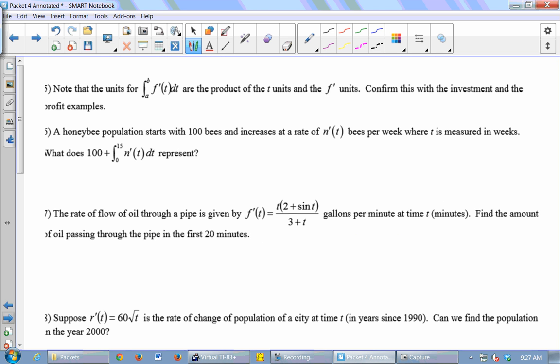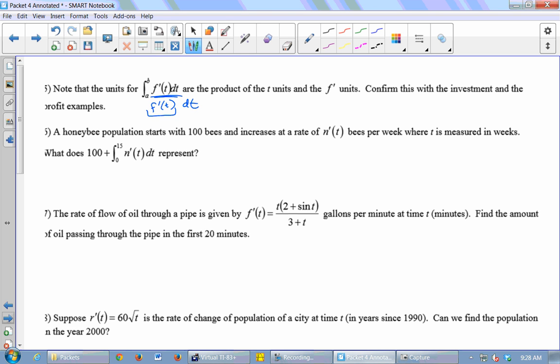Okay, so here is the reason that we write the dt. This is important. The units for the integral from a to b of f prime of t dt are the product of the units for f prime and for t. Think of this like a product, f prime of t times dt.